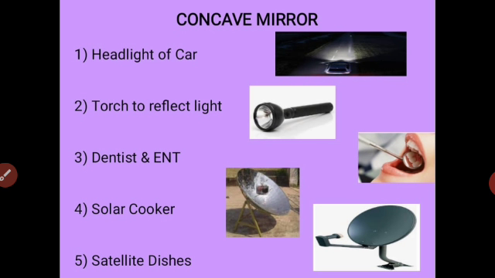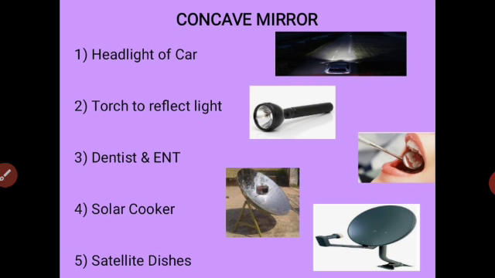Thus, when the tooth is placed very close to concave mirror, the image of the tooth or the cavity is virtual, erect and highly magnified. This helps the dentist to see the minute details inside very clearly. Same is the case with ENTs.